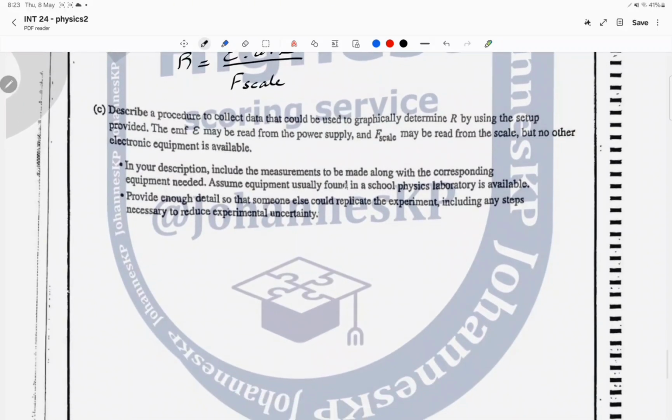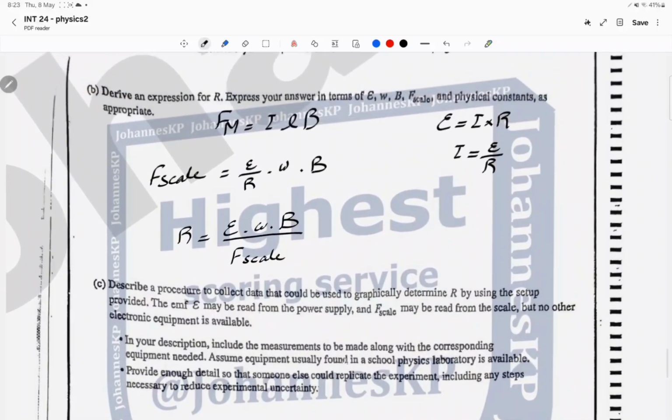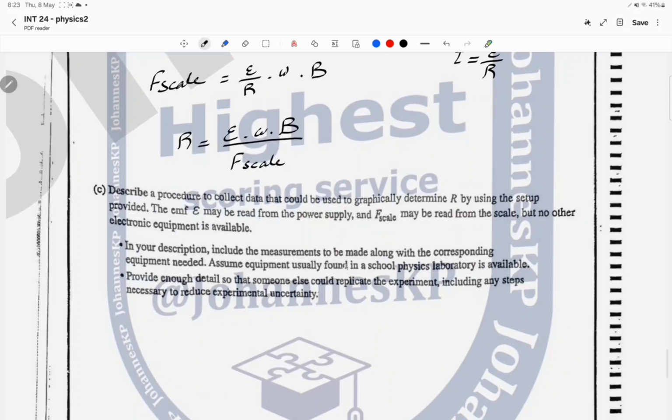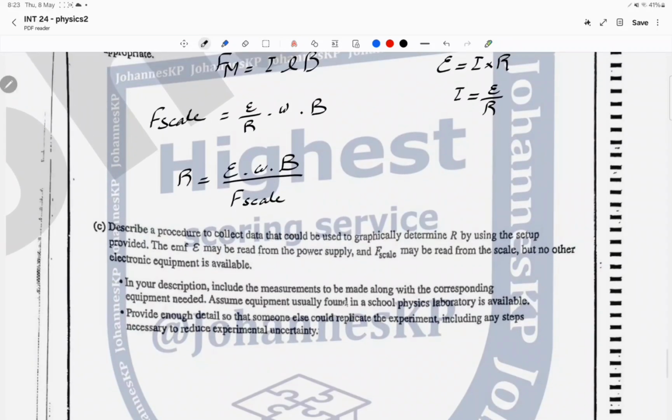C, describe a procedure to collect data that could be used to graphically determine R by using the setup provided. Well, look, what can we control? The EMF, exactly. We can actually vary that. Let's go back to this equation.